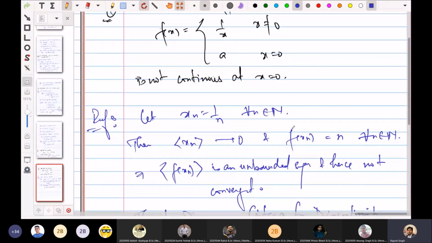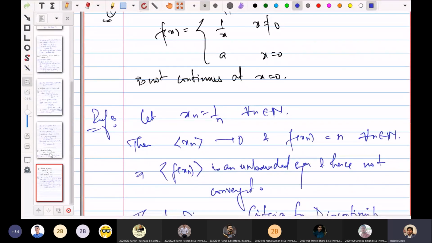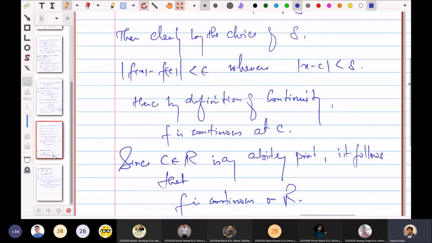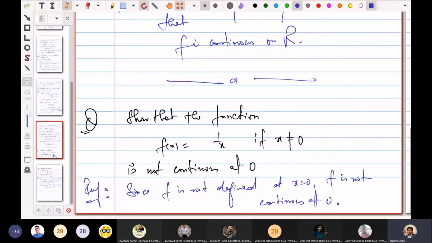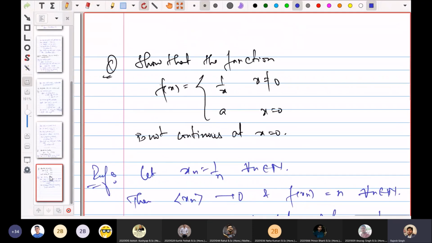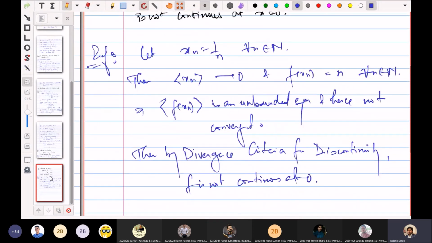So remember this thing. अगर तुम्हें ये इस तरह से पूछ लिया, then you will have to show. अगर ये तुम्हें इस तरह से पूछ लिया, then you will simply say, because you cannot talk of continuity at point 0 because f is not defined at 0. ठीक है. So इसलिए यहाँ पे इस तरह से बोलना है और यहाँ पे you have to say, इसको यहाँ पे prove करके दिखाना है.